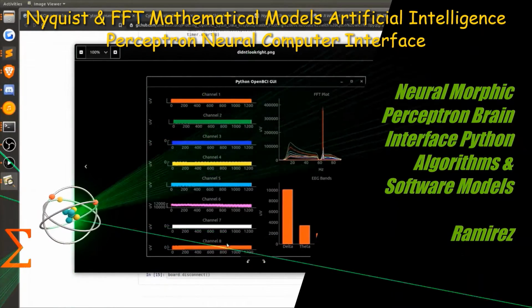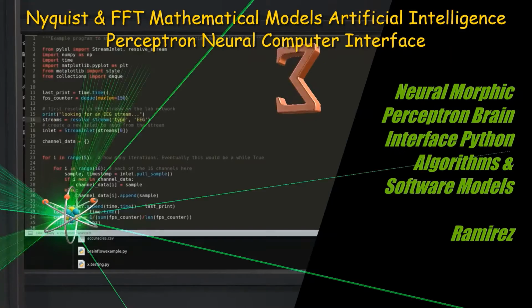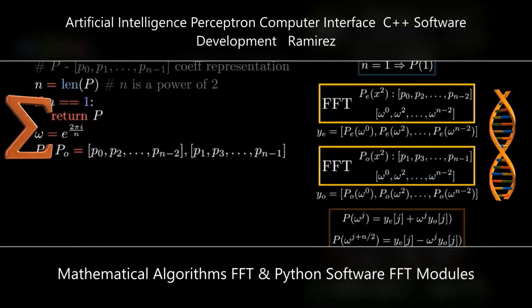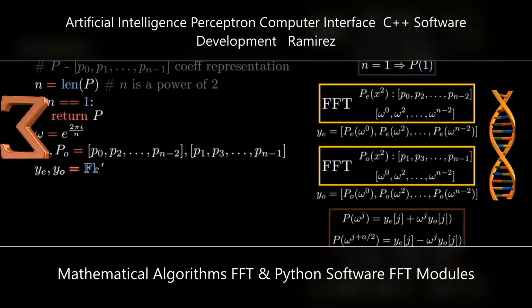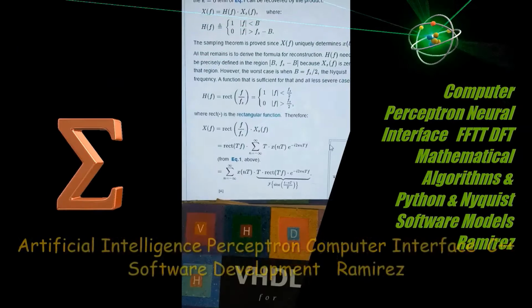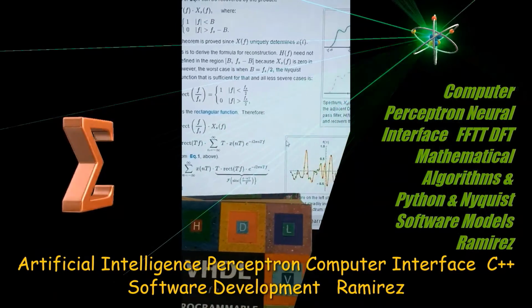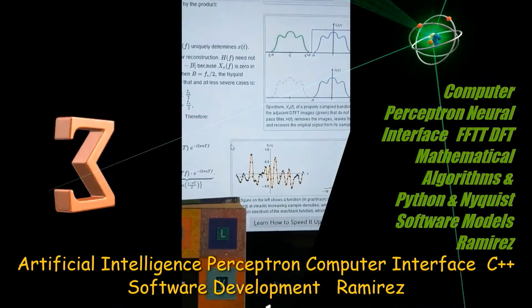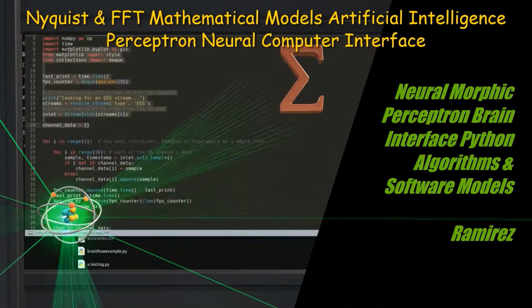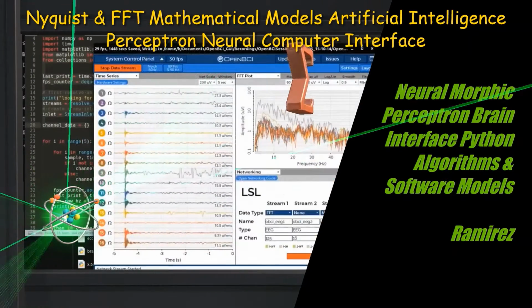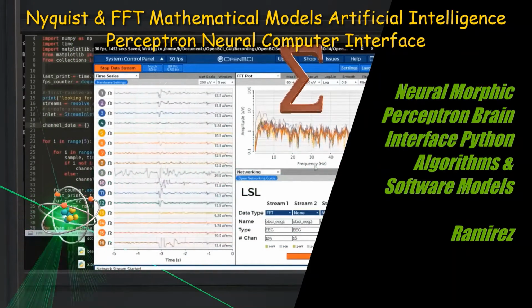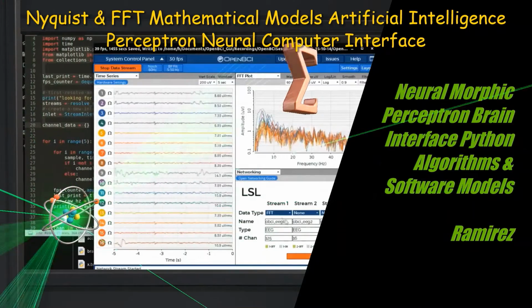In this application, I present the Nyquist sampling theorem as it is applied to artificial intelligence in computer-brain interface systems. So the Nyquist sampling theorem in the field of digital signal processing serves as a fundamental bridge between continuous time signals and discrete time signals.